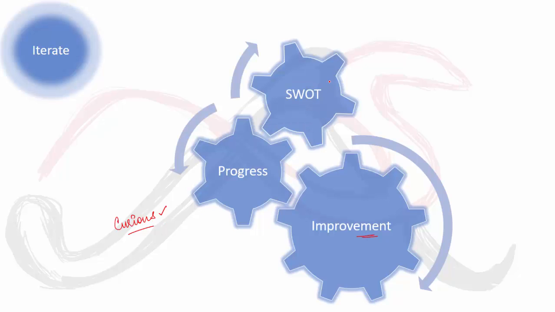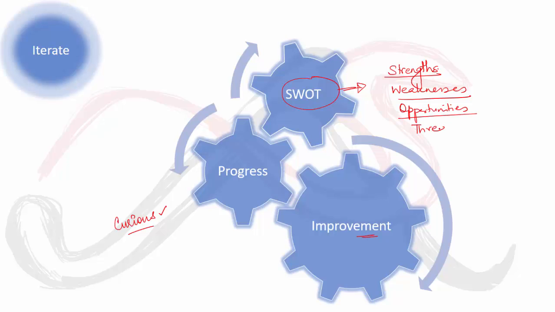The third thing is always do a SWOT analysis at the time of your revisions. The purpose of the revision and of that of practice is to know your strengths, to identify your weaknesses, to know your opportunities, and to eliminate your threats. Always do a SWOT analysis of whichever subject or topic you're reading on.